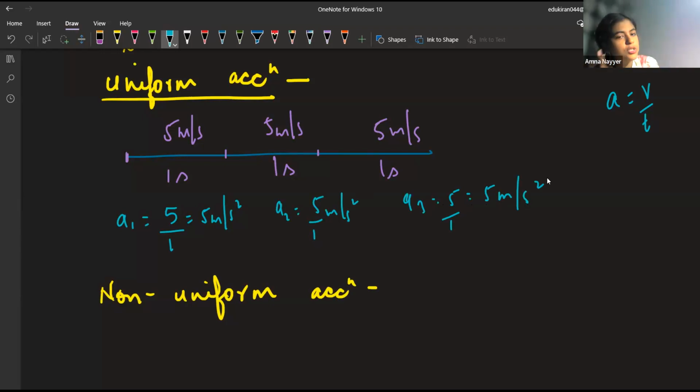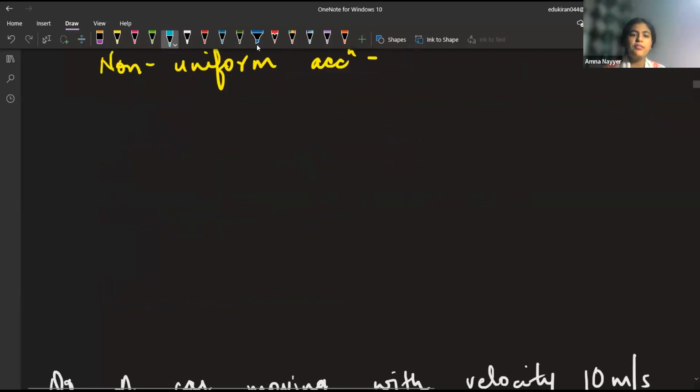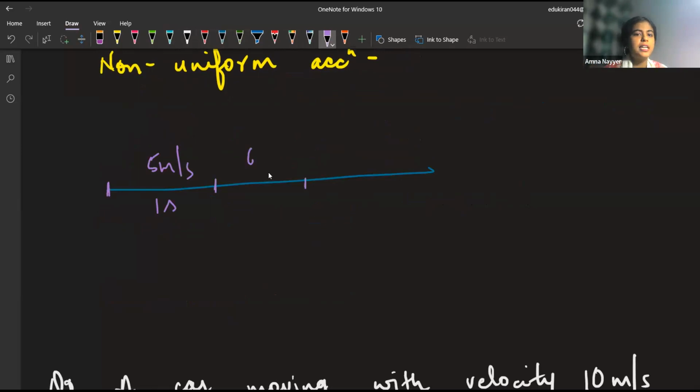acceleration is uniform. But just in case, if I give you this modification: here the speed is 5 meter per second and time is 1 second. But here the speed becomes 6 meter per second and time becomes 2 seconds.